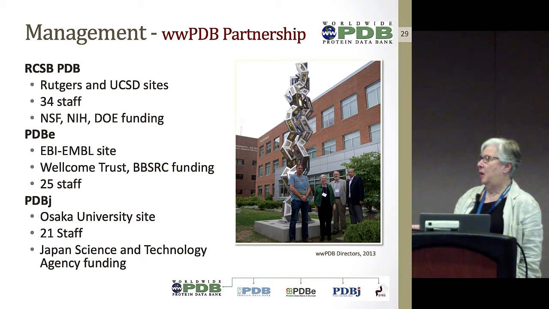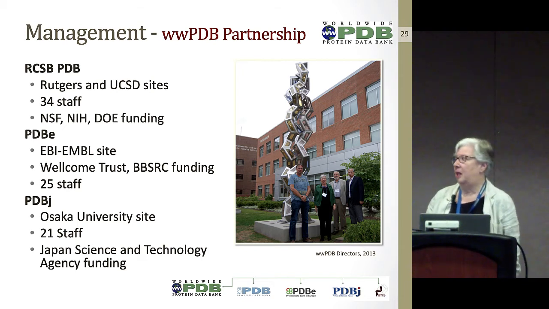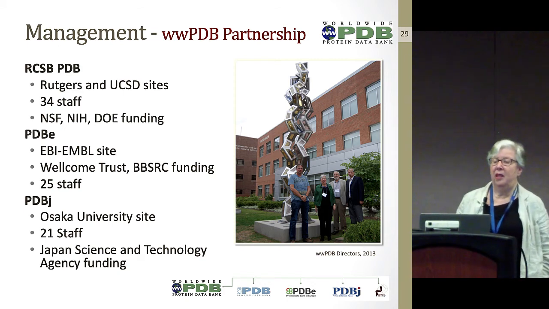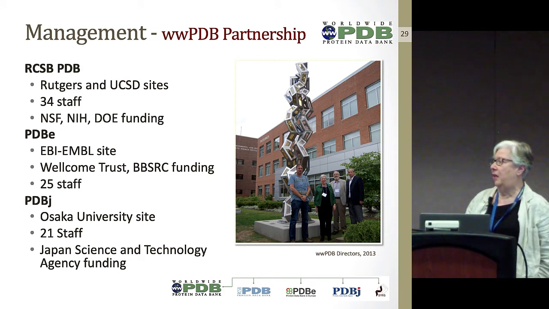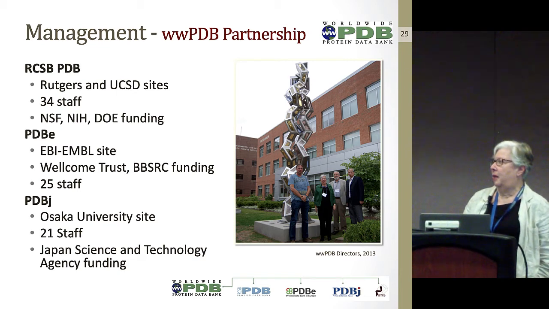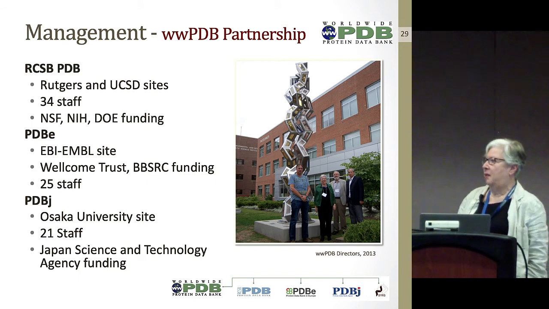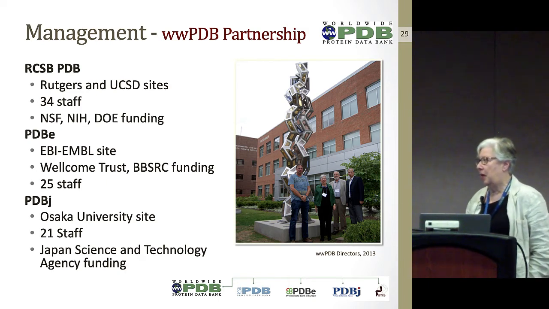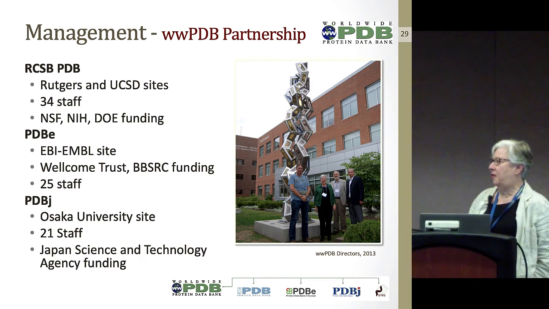We have 34 staff, and our funding is totally government funding from a consortium: NSF, NIH, and DOE. PDBe is run at EBI, which is an EMBL site. It has money from the Wellcome Trust and BBSRC and 25 staff. And PDBj is at Osaka, has 21 staff, and has funding from the Japanese government.